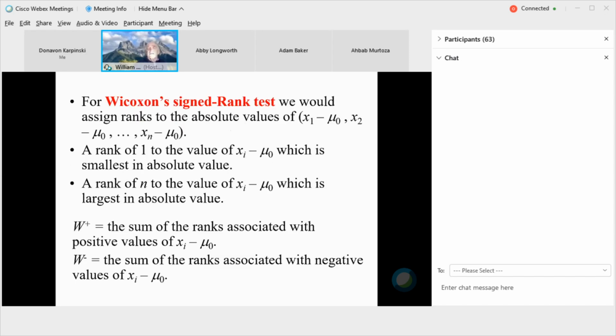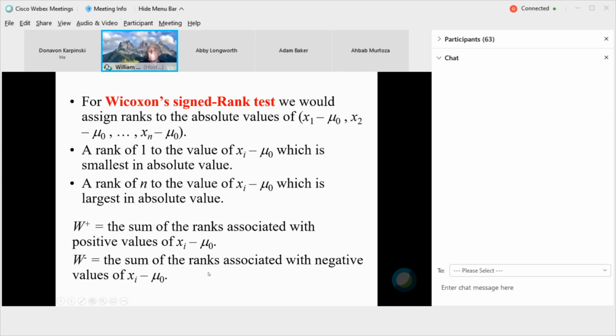In the Wilcoxon signed rank case, we rank the differences between the observations and mu naught in terms of their absolute value. The one with the smallest absolute value is given a rank of 1. The one with the largest absolute value, that would be an observation that's greatest away from mu naught, gets a rank of n.